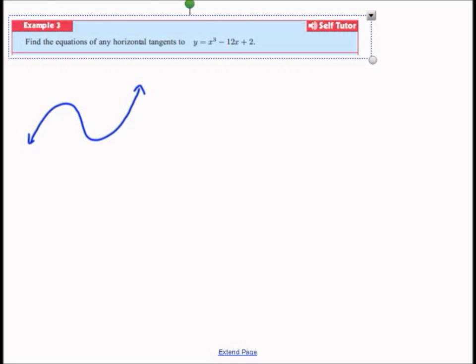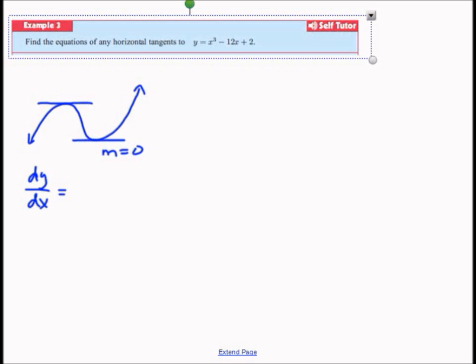So there should be two places where the tangent is horizontal. We have an idea what we need to do here. So dy/dx, the gradient at these points, will be 0.